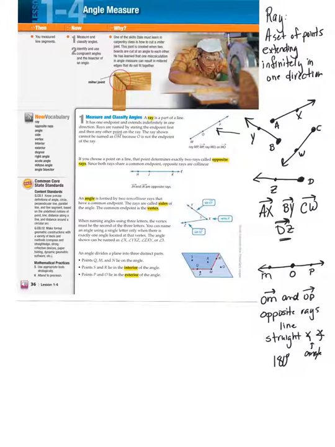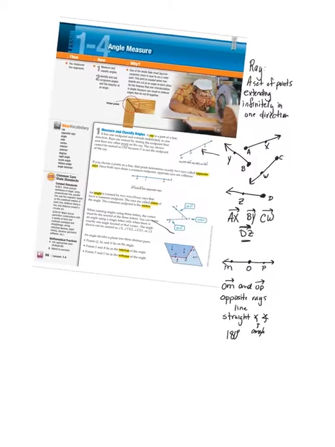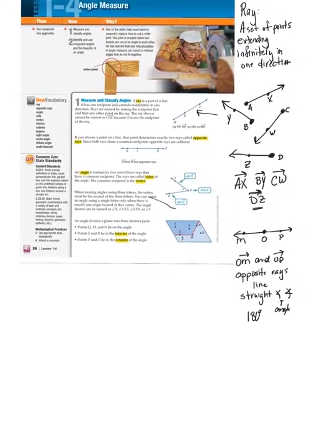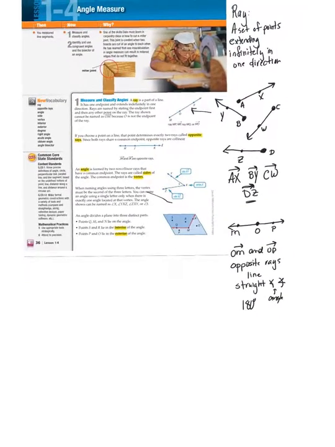Okay? Now what if these rays, OM and OP, are not opposite rays? Then we have what we are used to looking at as an angle. So let's shrink this a tad so I can have a little bit more writing room. So I'm going to have an angle.